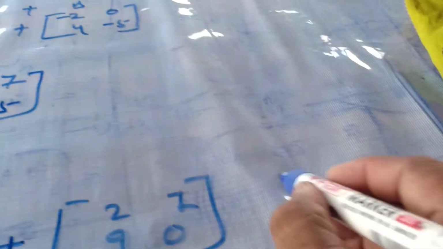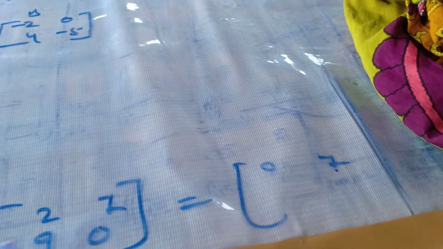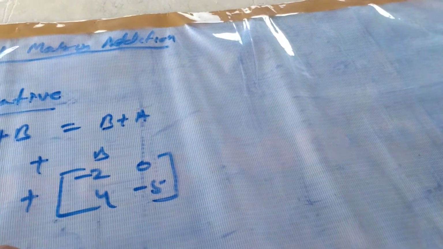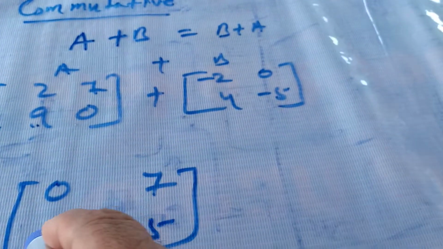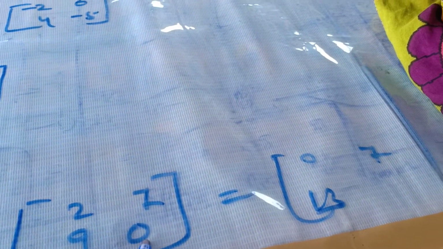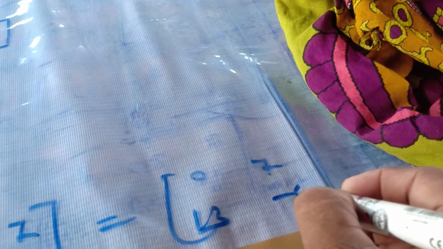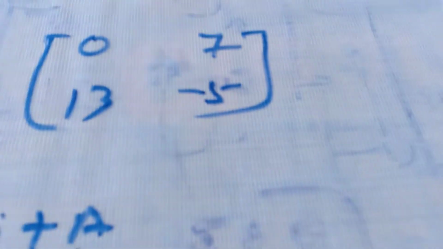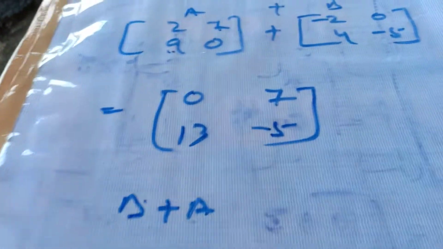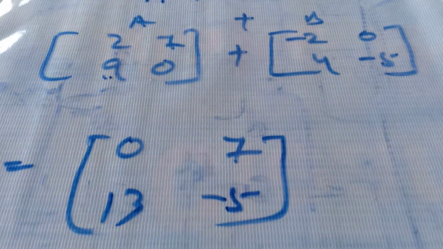Minus 2 plus 2 is 0, 0 plus 7 is 7, 4 plus 9, sorry, I was mistaken earlier, is 13, and minus 5 plus 0 is minus 5 only. So you can see here also you got 0, 7, 13, minus 5, and there also 0, 7, 13, minus 5. That means if you change the order of addition, it does not affect the result.